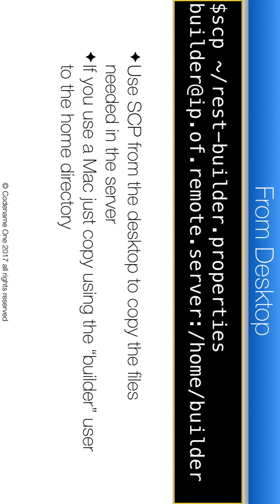Since it's remote, it starts with the username on the remote machine, followed by the @ sign and the IP address of the remote machine. Then a colon is used to give the destination path on the remote machine. You will be prompted for the password of builder, at which point copy will proceed. This is a very useful command.